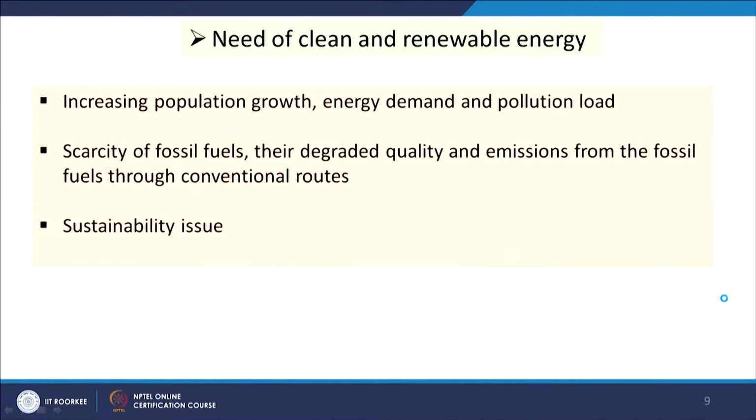Then the scarcity of fossil fuels, their degraded quality and emissions are also reasons to consider cleaner routes for the production of energy. And then sustainability issues: in the 21st century, sustainability is a major issue. We are under the threat of environmental pollution, energy security and public health.